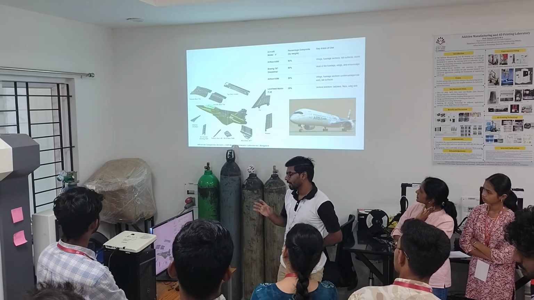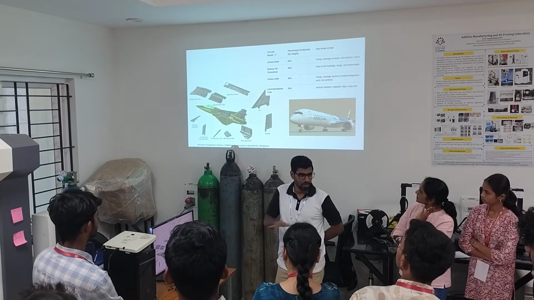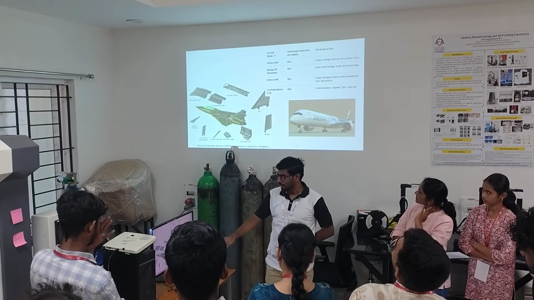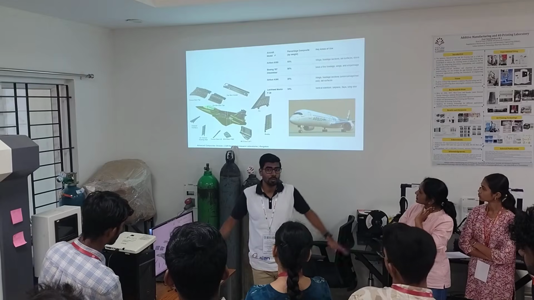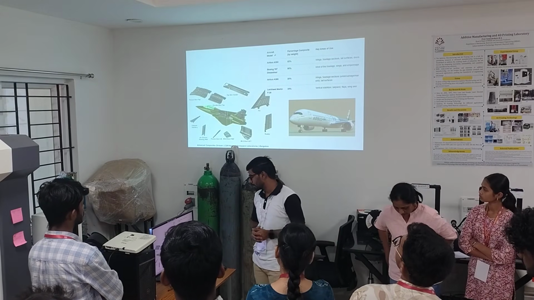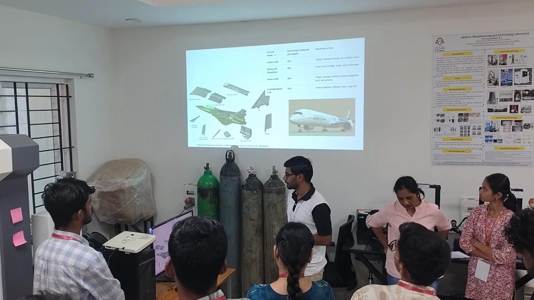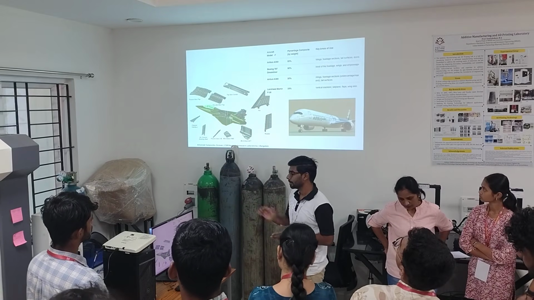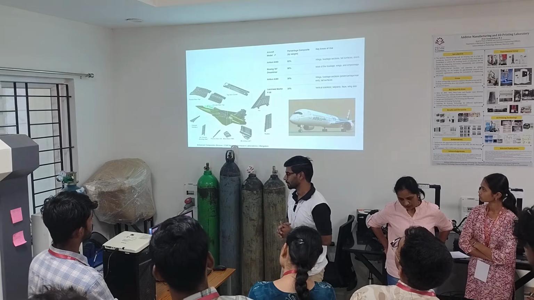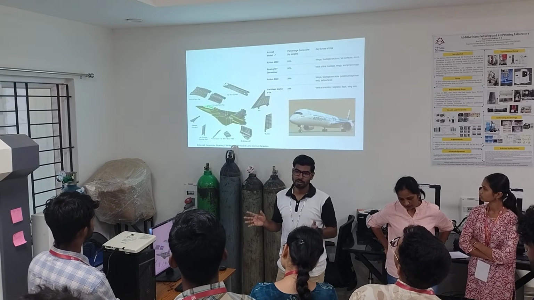Only the main parts they make, around 40% of the parts of this HAL PS, the outer structure is made out of that, but they were still not able to make the wings because there is a huge load on the wings of the aircraft. For example, the Airbus 350 already has around 53% carbon fiber, so composite material is being used. So we can see that yes, there is a huge scope for composite materials.